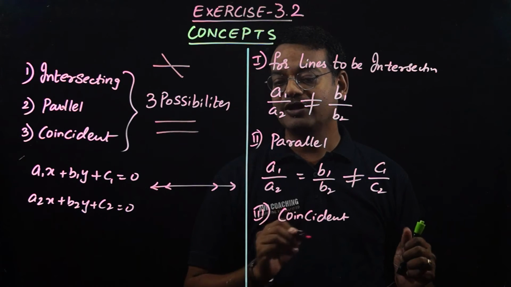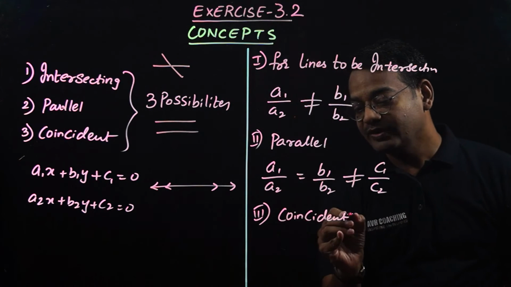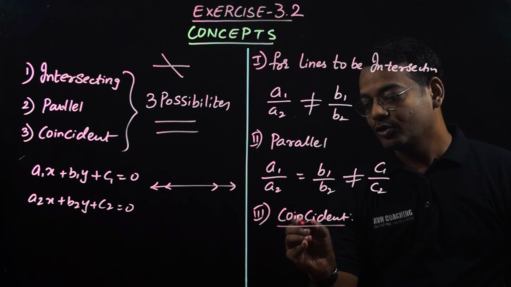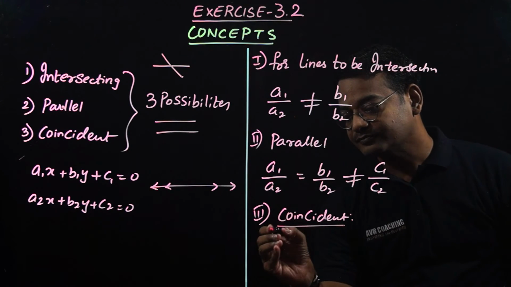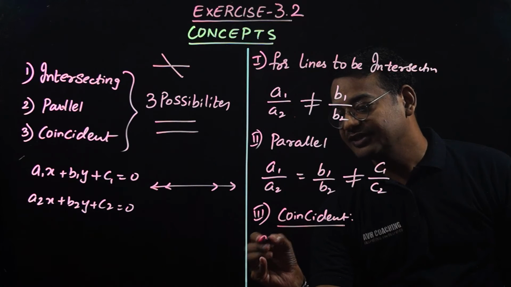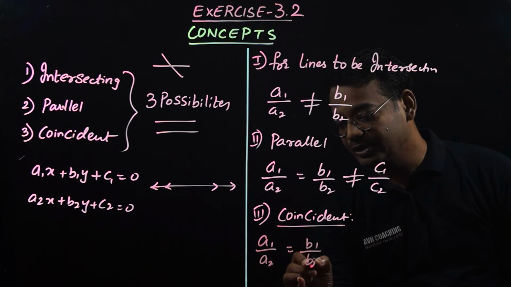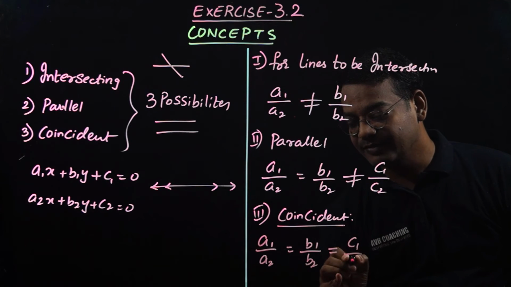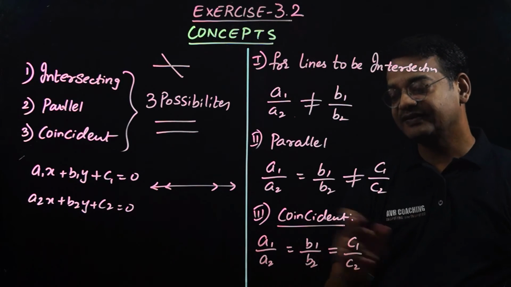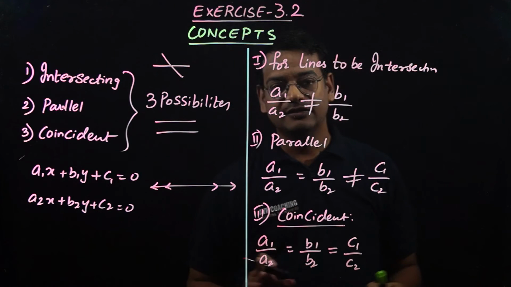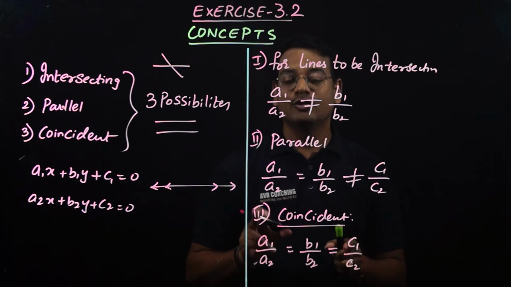Coincident lines mean the condition is a1 by a2 is equal to b1 by b2 is equal to c1 by c2. When this is the condition, then the lines are said to be coincident.